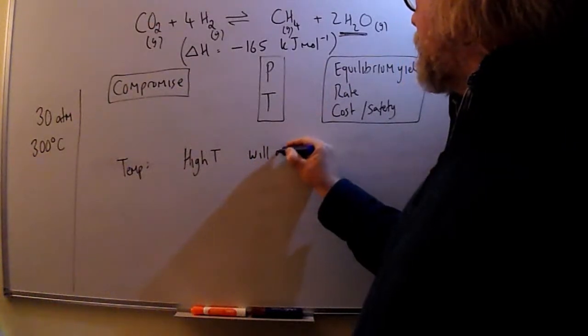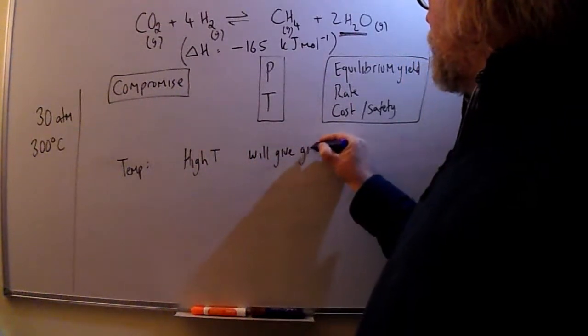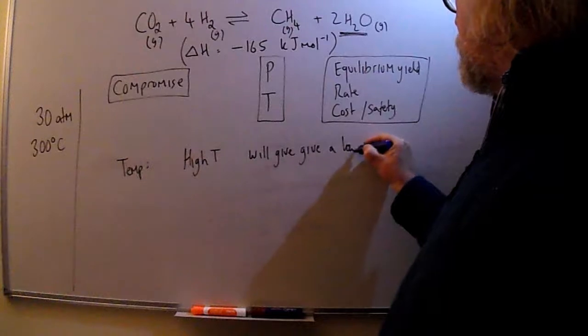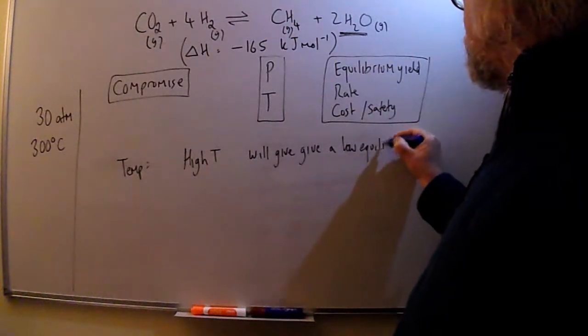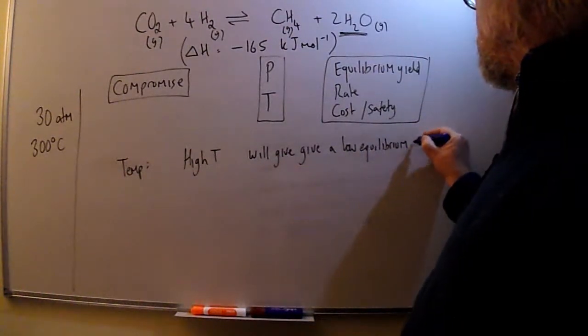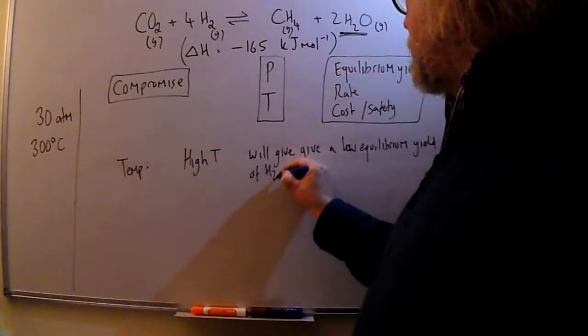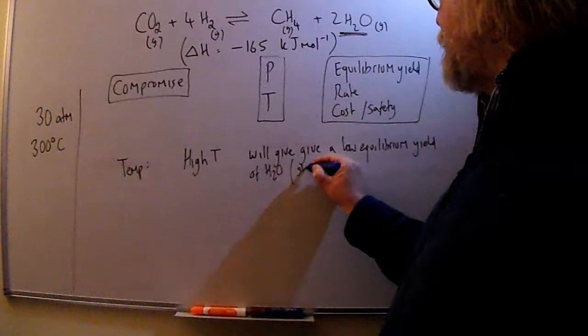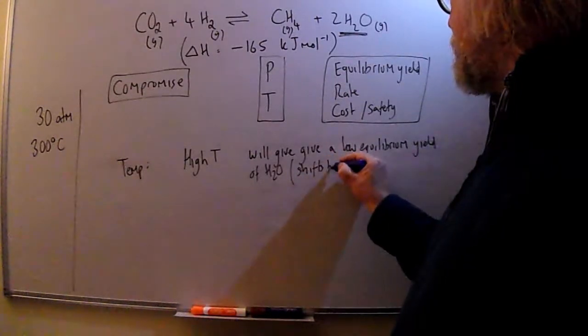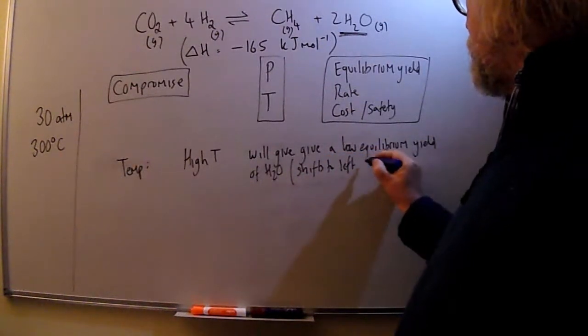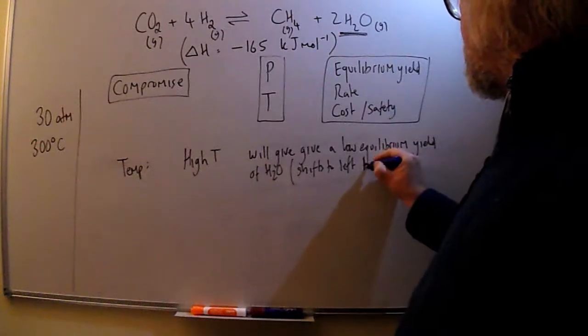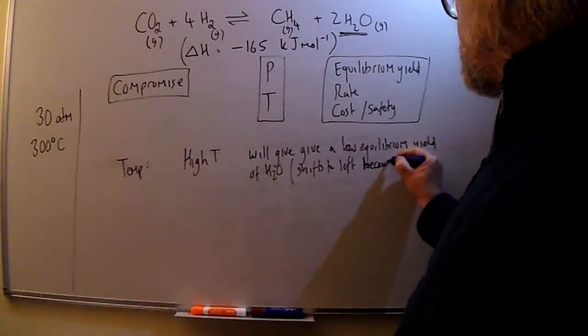Okay, so high temperature will give a low equilibrium yield of water, and the brief explanation is that it shifts to the left because this is the endothermic direction.